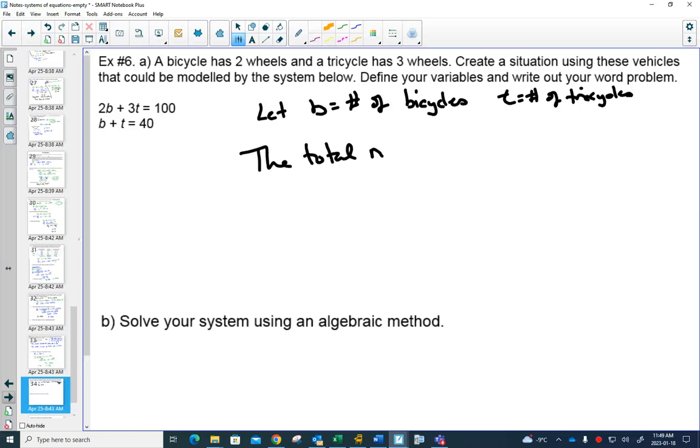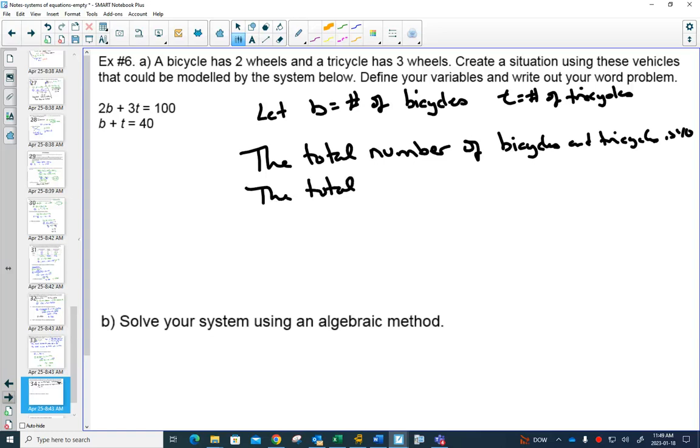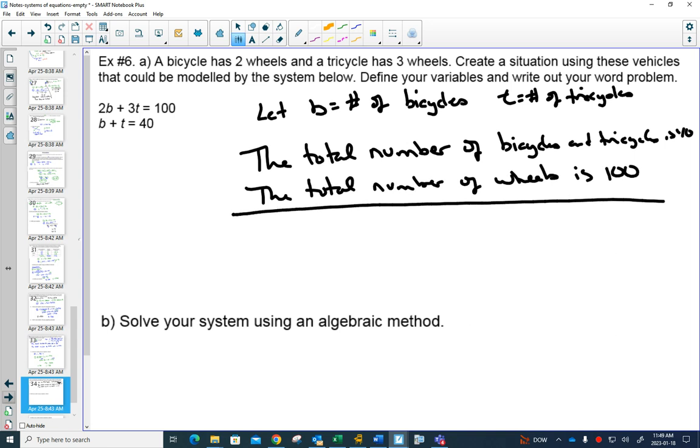The total number of bicycles and tricycles is 40, and then the number of wheels is 100. There is my boring question.